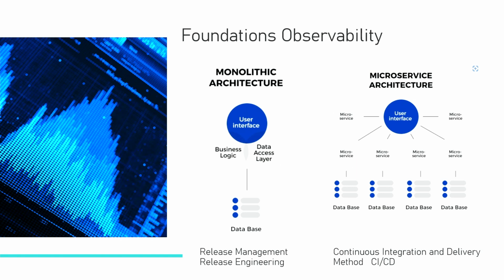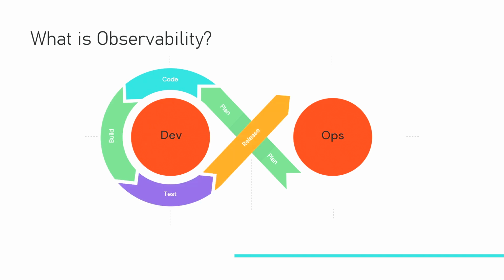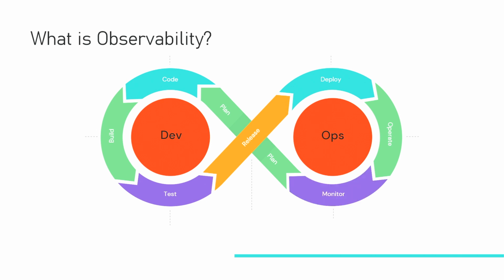What that means, this continuous integration and delivery method, is that there is a system where you go in, you write the code, then you build the code, then you test it, then you release it, and then you deploy it, and then you operate it, and you monitor to see if that application is doing well, and then you go back and you do it again.